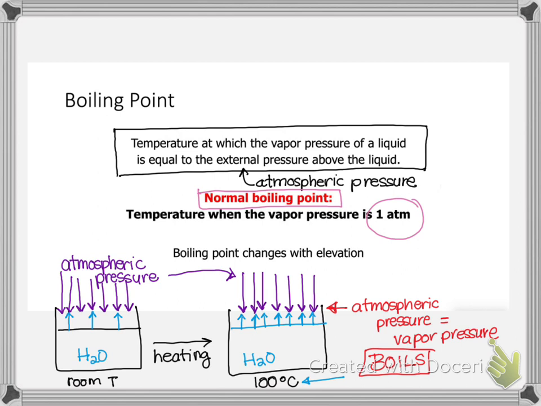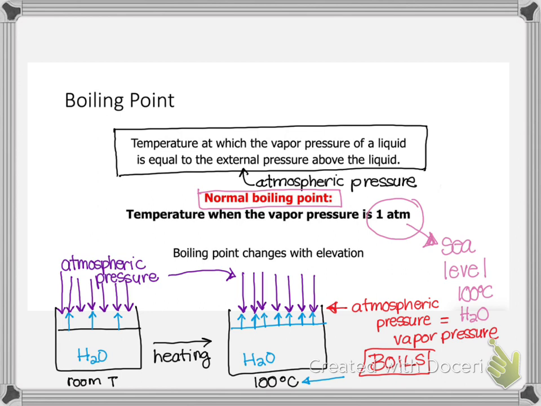So when the vapor pressure and the atmospheric pressure are 1 atmosphere, that is the boiling point. And this occurs, 100 degrees is at sea level for water, not for all chemicals. So Jacksonville is at sea level. We're at 1 atmosphere. So our vapor pressure is at 1 atmosphere around 100 degrees.